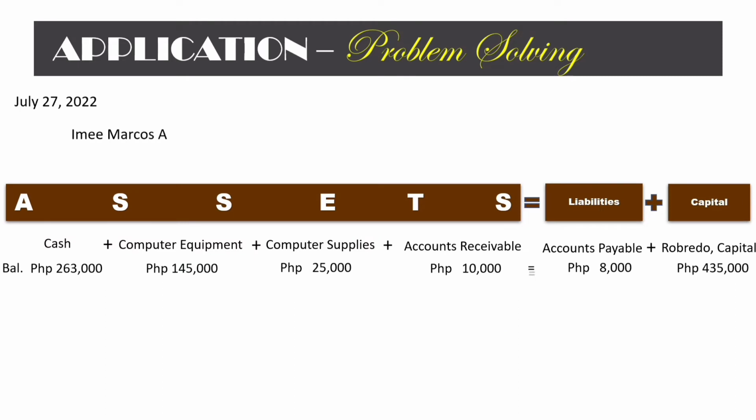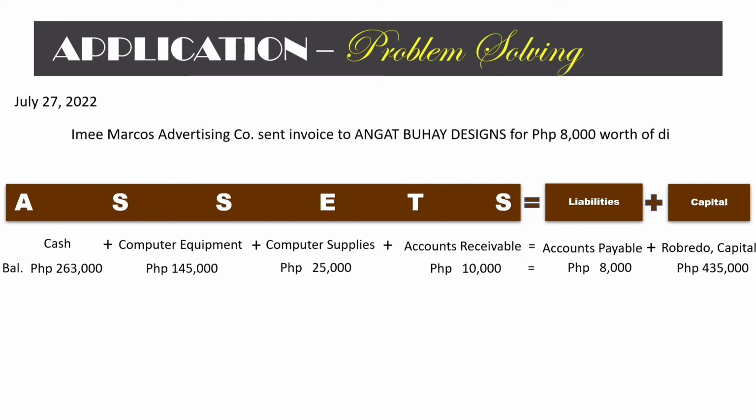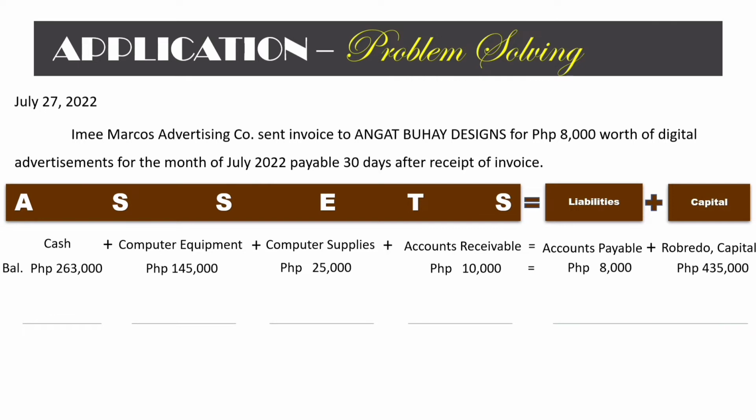Next transaction, July 27. Amy Marcos Advertising Company sent invoice to Angat Buhay Designs for 8,000 worth of digital advertisements for the month of July 2022. Amy Marcos rendered services on account. Angat Buhay Designs has incurred advertising expenses amounting to 8,000 pesos by availing Amy Marcos advertising services.